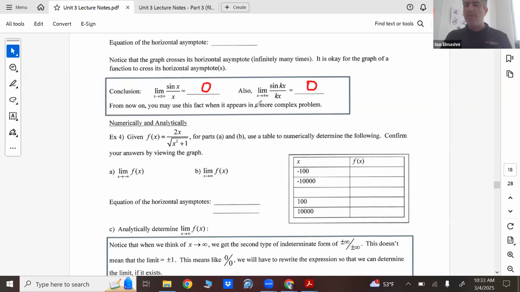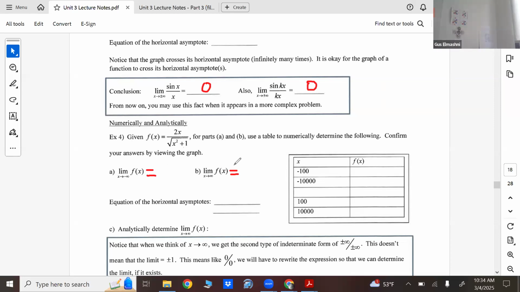Before we do example 4, before we do the table, do you guys have a general idea what these limits would be for that one, 2x over root x squared plus 1? What do you guys think that's going to be? Why 2?